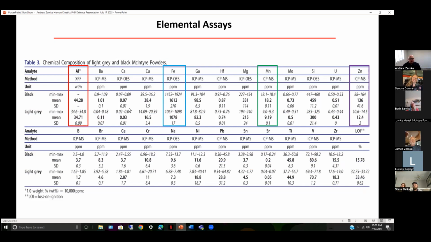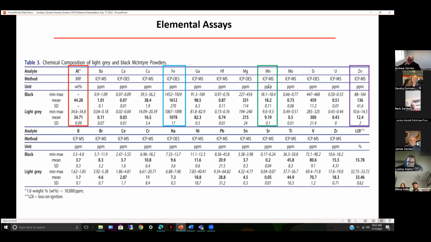I just want to point out that a single weight percent is 10,000 ppm. So even this next highest concentration of iron is 0.1% of the total weight. So it was very interesting to see what these trace elements were and where the potential contaminants were.